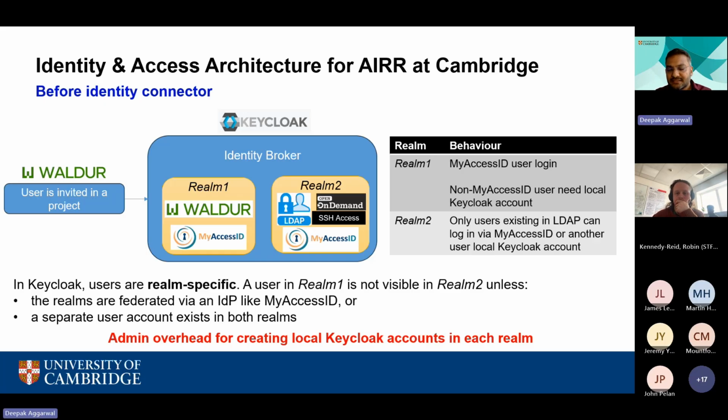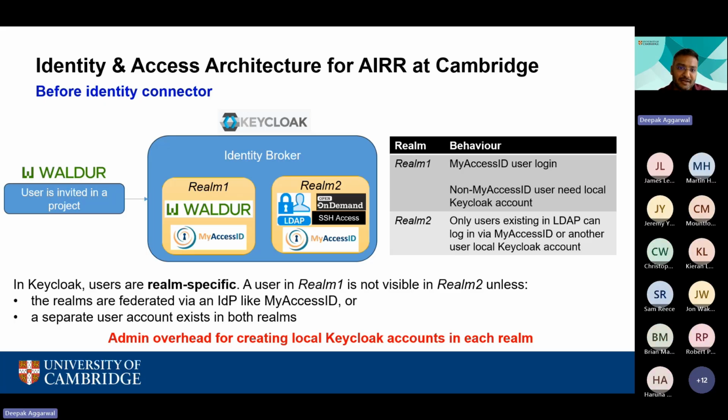Now, this service management portal is connected with Keycloak, which is our main identity broker. As you will know, Keycloak has the concept of different realms. So we have two realms in Keycloak. One realm manages the Waldo service management portal. The other realm manages our HPC services, things like Open OnDemand, SSH access, and the LDAP account federation.